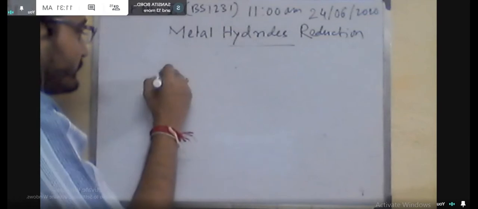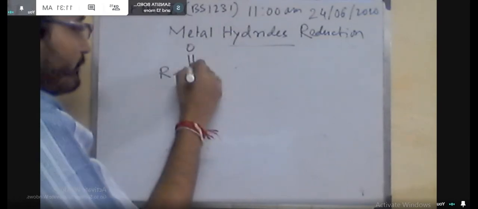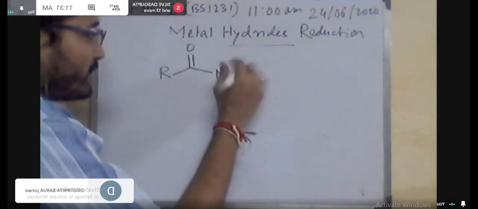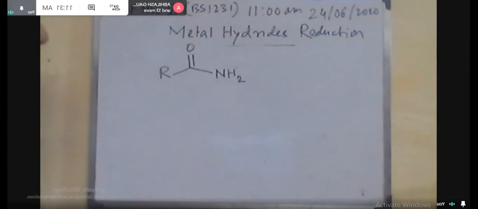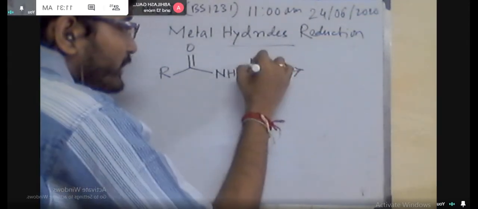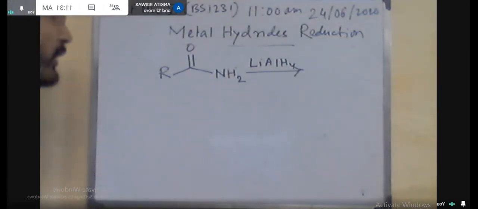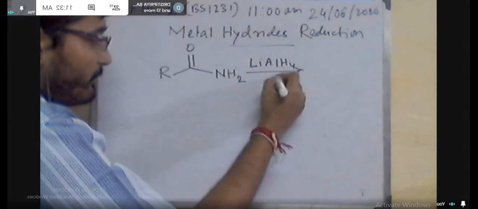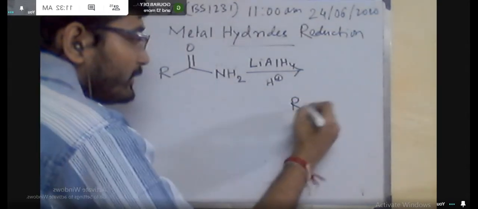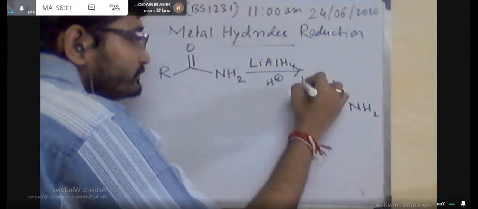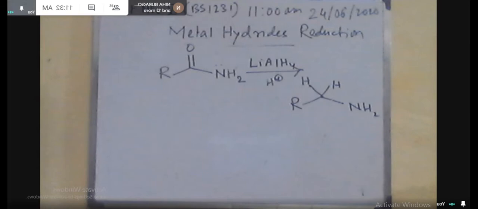The mechanism is here. Say if we use lithium aluminium hydride, you know this is the minus. So now this hydride will be shifted here and this will form the minus. So in the first step it will generate O minus Li plus, hydrogen, NH2. Now there will be the exchange between the lithium and aluminium hydride, because you know aluminium hydride is Lewis acidic in nature after donation of this hydride.